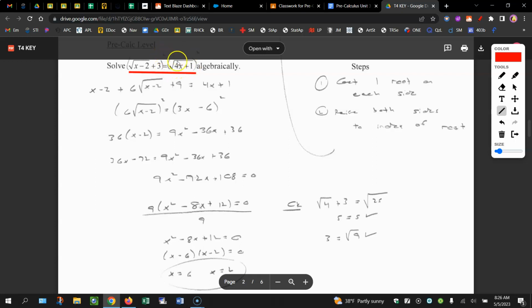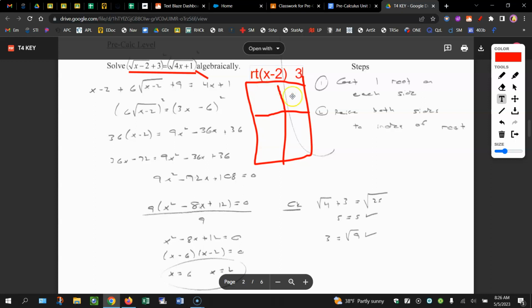So when you square root, those are inverse operations. So that's just going to leave you with, in this case, 4x minus 1. Squaring this here, you're going to have your square root of x minus 2, you got your 3.